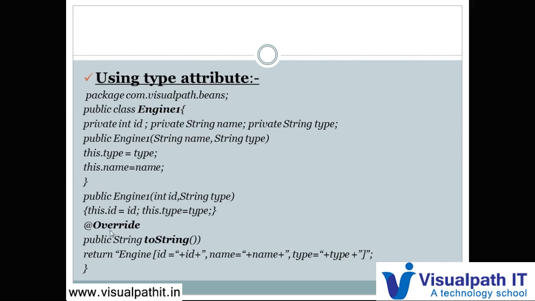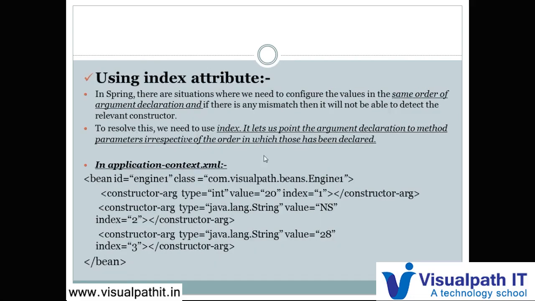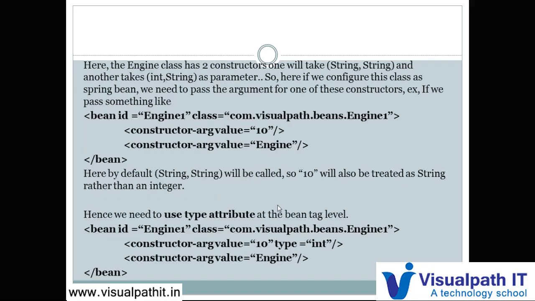Here we are using @Override toString. The Engine class has two constructors. One takes a string and the other takes an int and a string as parameters. So if we configure this class as a Spring bean, we need to pass the arguments of one of these constructors.